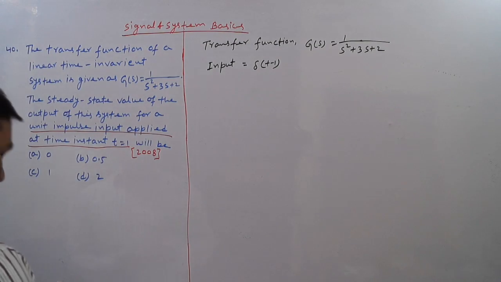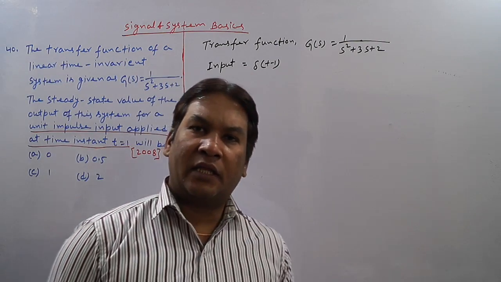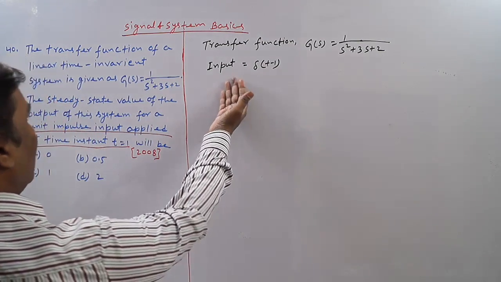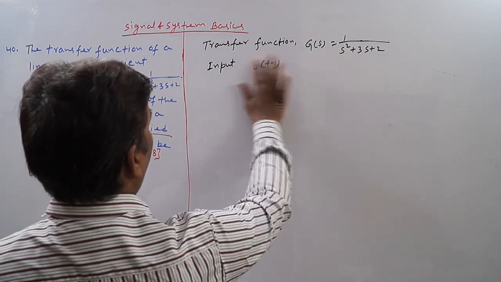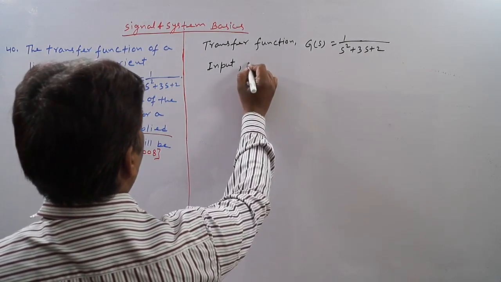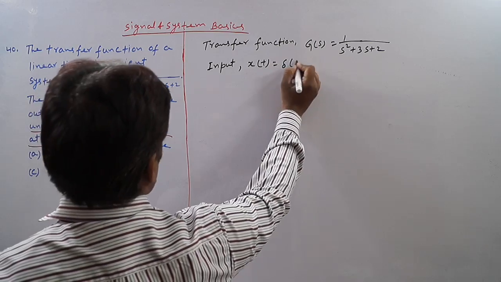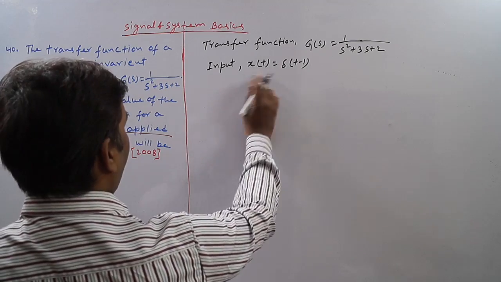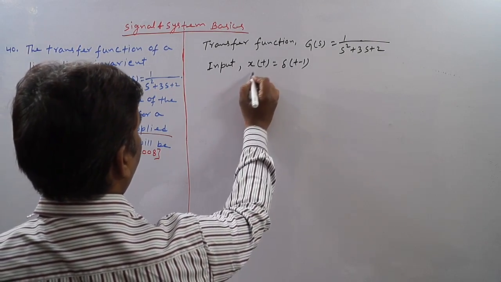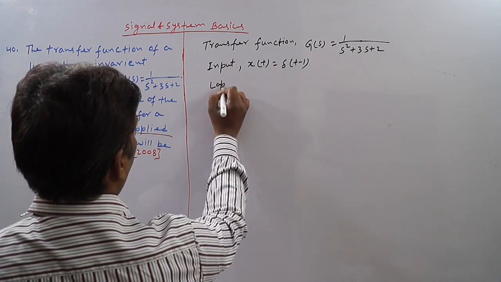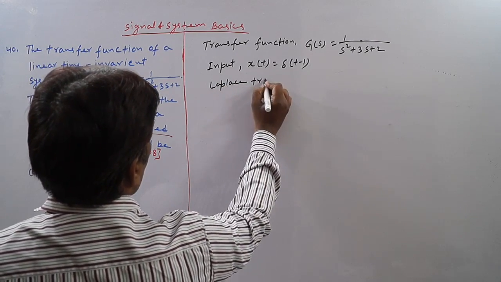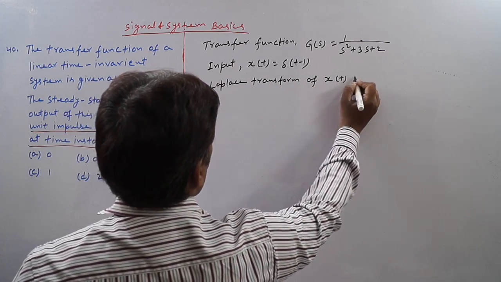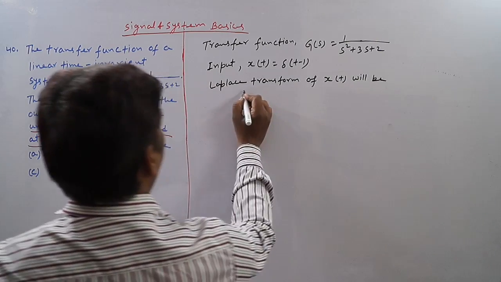What will be the output? If we take the output as C(t), then the Laplace transform of output will be nothing but, let me write the Laplace transform of input. Let me write the input as x(t) equal to delta t minus 1. Now the Laplace transform of x(t) will be X(s).